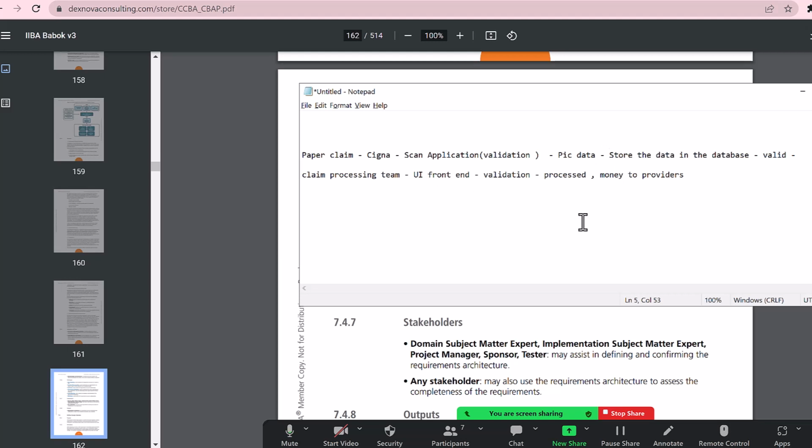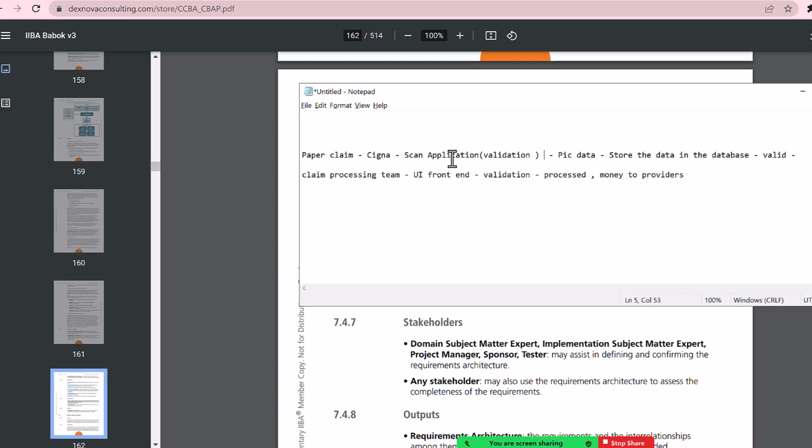You need to draw the diagram so they'll be able to understand what documents will be processed, what will be rejected, and what happens when it's rejected. What is the data flow, whether it's going to the business owners or to the members, and how long we can keep these paper claims in the scanning team, whether after certain days they need to be removed, or what process we are going to follow.